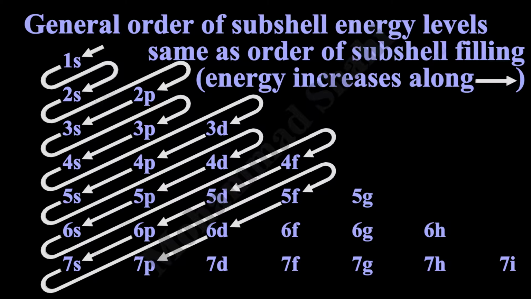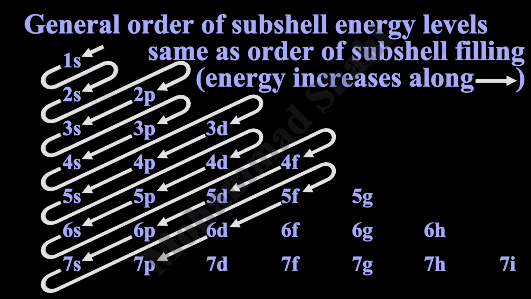It is also good to mention that the general order of energy levels of atomic orbitals in neutral atoms obeys the n plus l rule, also known by other names like the Madelung rule, the Janet rule, and the Kleczkowski rule.